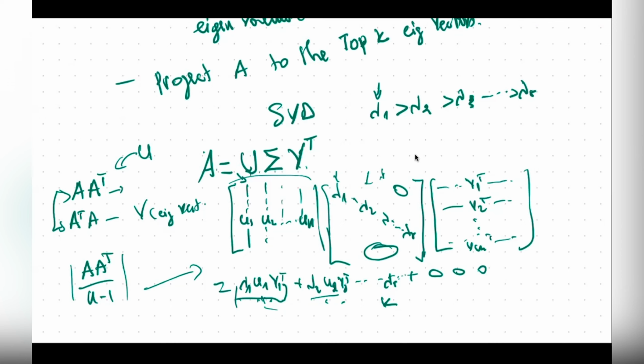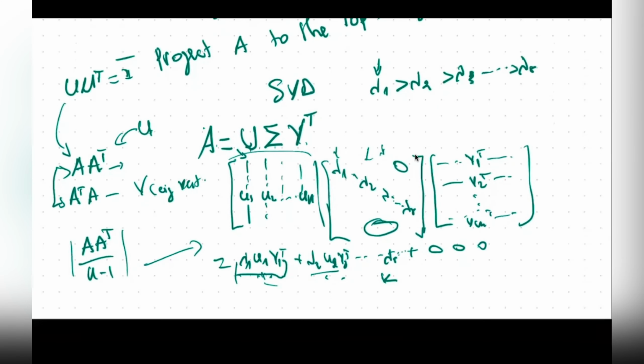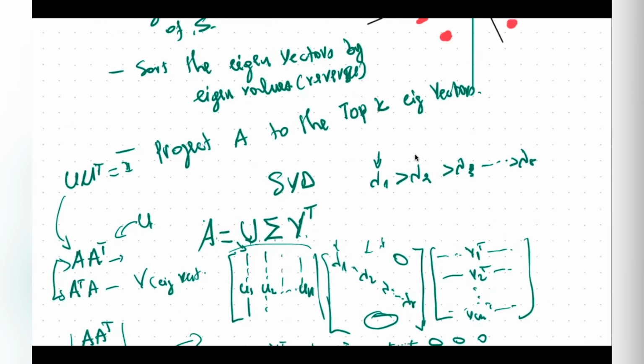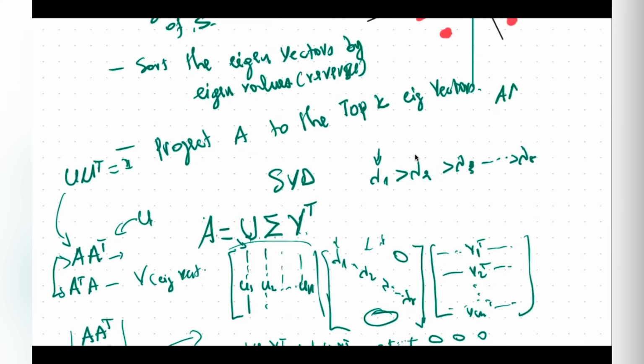Of course, you will see that since U and V are orthogonal matrices, U transpose U is equal to the identity matrix, and V transpose V is equal to the identity matrix. This is how you can derive that U is the eigenvector of A A transpose. Because if you compute A transpose, what is it?